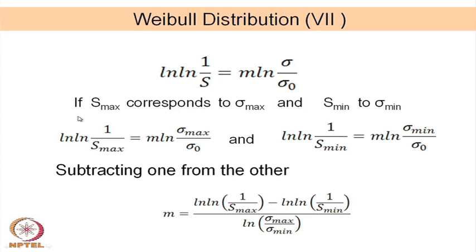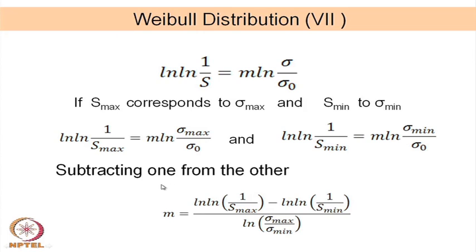Here, if S max, the probability, corresponds to sigma max, and S min probability to sigma min, then we can also write these equations directly from this. ln ln 1 by S max is m ln sigma max by sigma 0. Okay. So, at highest sigma what is the probability, and at minimum sigma what is the probability, same thing.